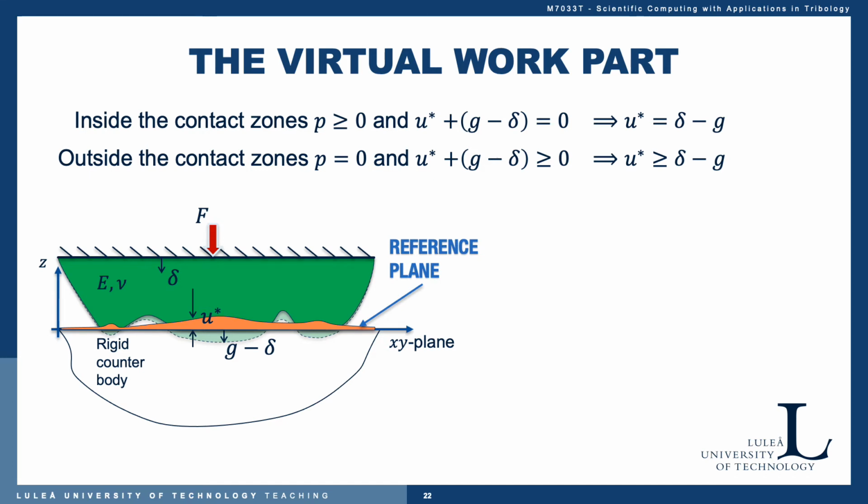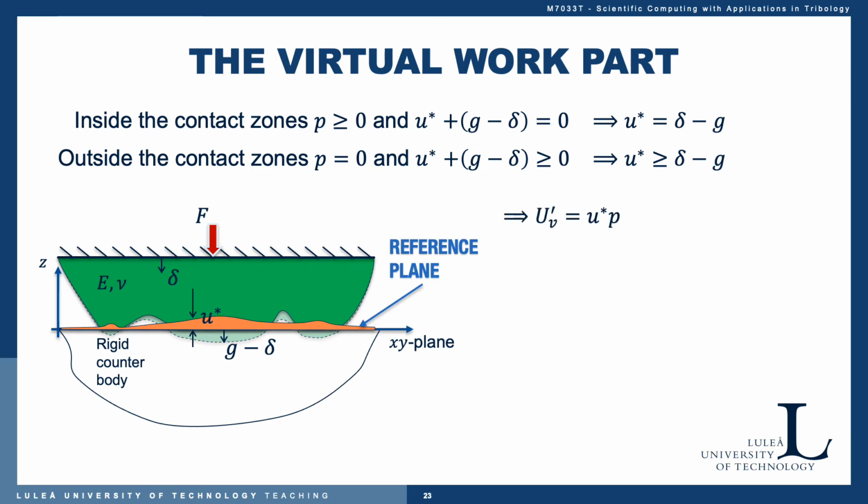Outside the contact zones, p is 0 and u star plus g minus delta must be greater than 0. Well, that means that u star is greater than delta minus g outside the contact zones. But a key ingredient here is that p is 0 there.